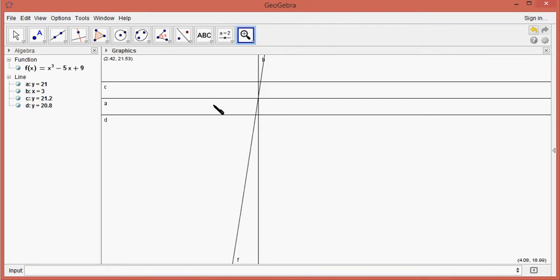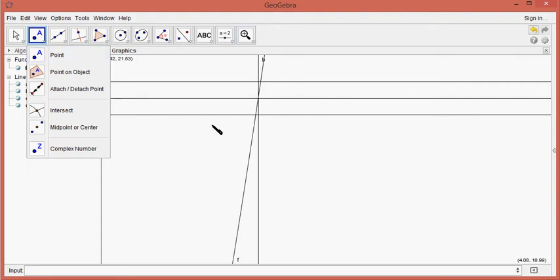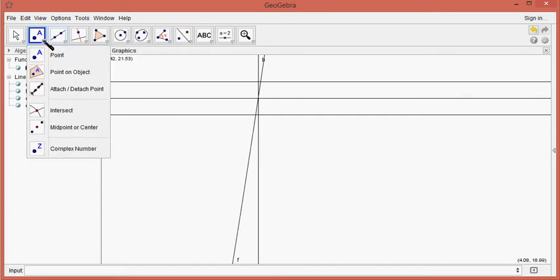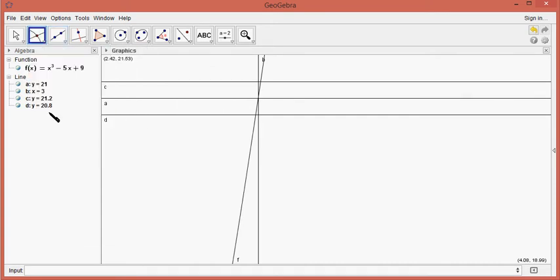So delta is going to be, maybe look at this value here. I'm going to look for the intersection. I'll use intersect here, these two, and put a dot there, and the intersection of these two, put a dot there.